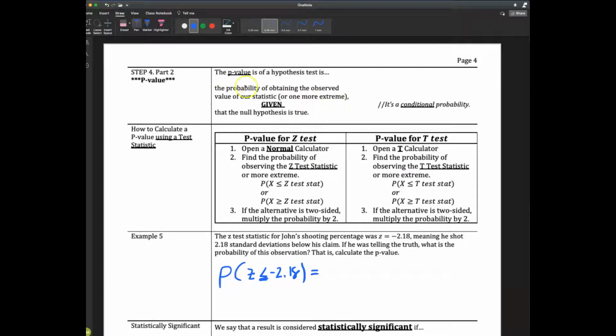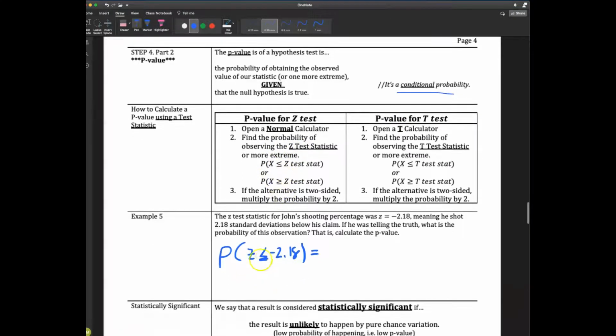And so to find a p-value, which is called the probability value, the p-value of a hypothesis test is the probability of obtaining the observed value, in his case, 74%, or more extreme, or in this case less than, given that the null hypothesis is true, given that he actually is an 85% shooter. This is a conditional probability. Now, to calculate this p-value, it's a normal calculator. It's a z-score.